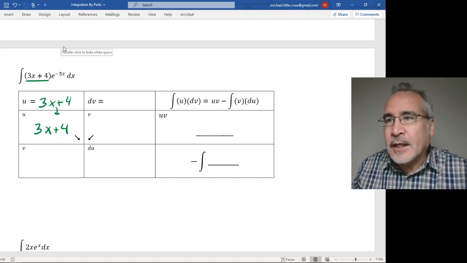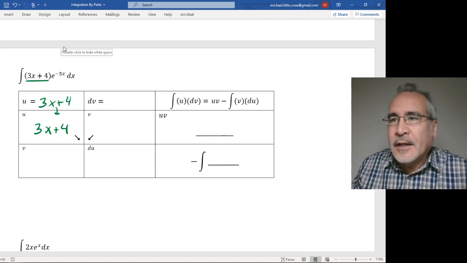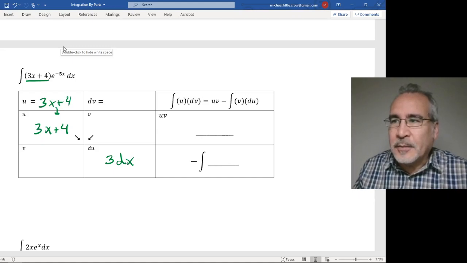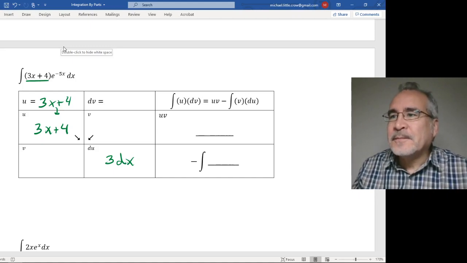This is a good way to test. Take the derivative of 3x plus 4. Derivative of 4 is 0. Derivative of 3x is just 3 dx. What a beautiful little integration there. This is going to be nice and easy for us, hopefully. But notice it's gone. There's no variable anymore.